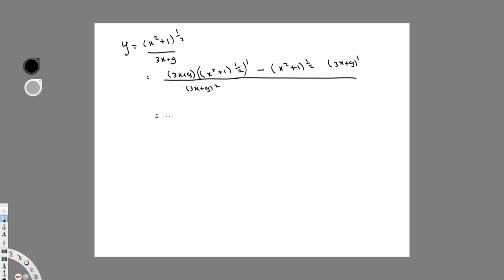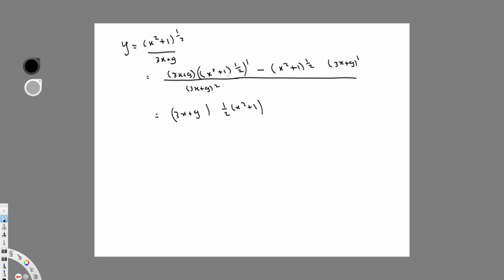So in order to find the top one, this one remains the same, 3x plus 9. For this one I have to use the chain rule. First I find the outside derivative, then the inside derivative. The outside derivative is going to be half times (x square plus 1) to the power of minus half, right?